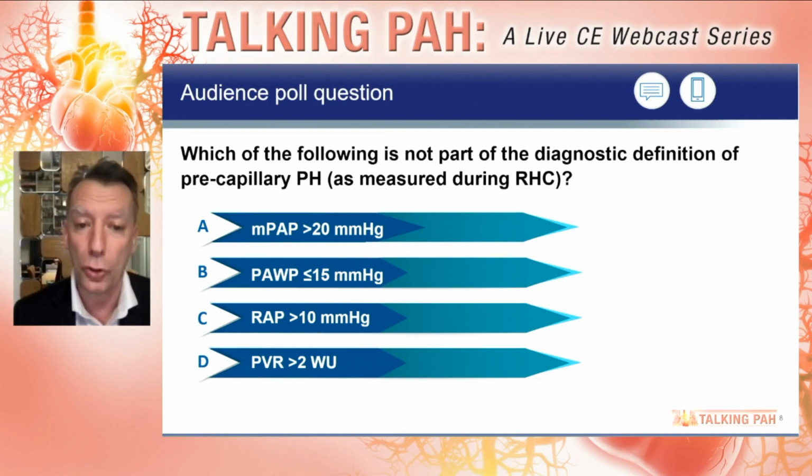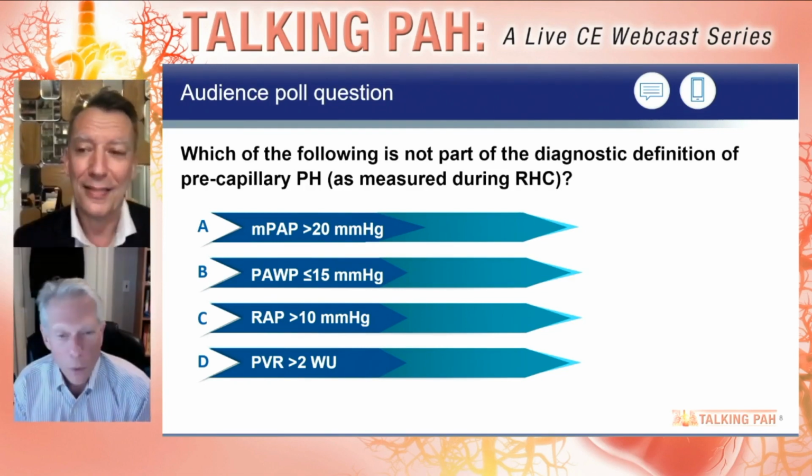So which is not part? Negative question. A, a mean PAP above 20 millimeter of mercury. B, a pulmonary artery wedge pressure of 15 millimeter of mercury or less. C, right atrial pressure above 10 millimeter of mercury. D, pulmonary vascular resistance above 2 Wood units.